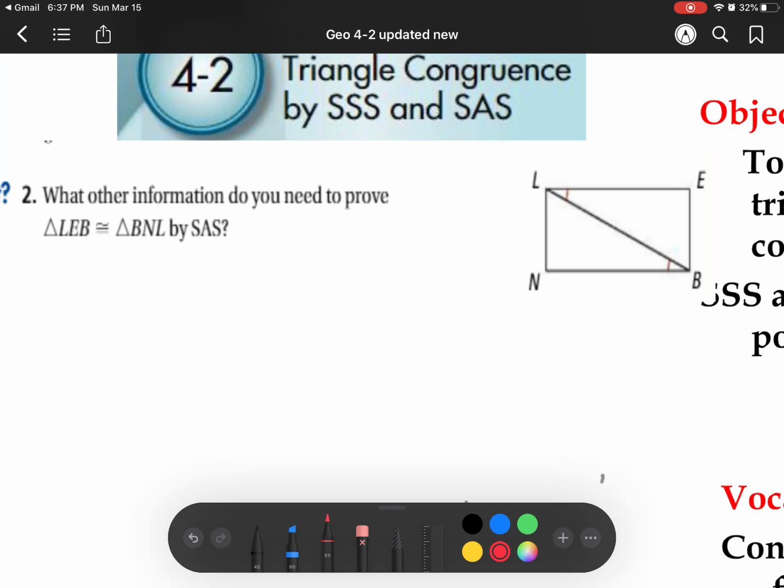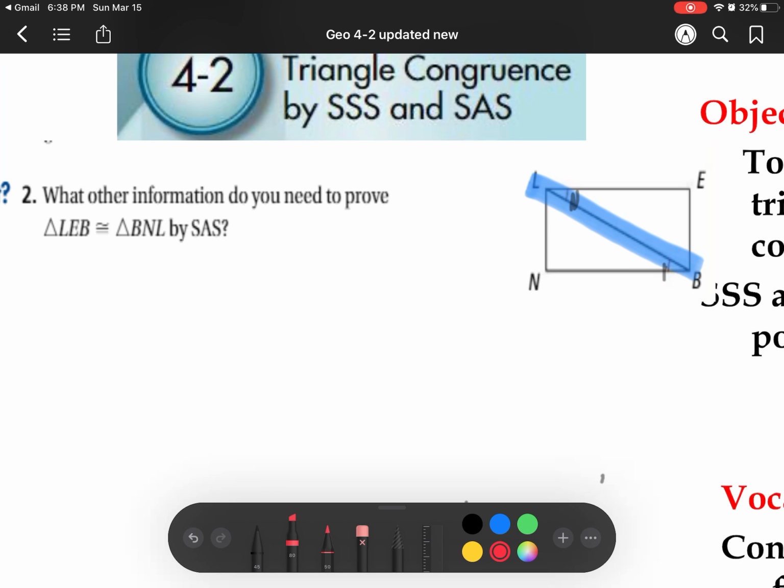Through this figure, what is the missing information that you need to prove that LEP is congruent to BNL? I will look at this. He gave me an angle. So the first angle is this. Is congruent to this, okay? Did he give me sides? No, but this is a common side. Okay, so what do you think I need? I have a side, an angle. I need one pair of sides to be congruent.